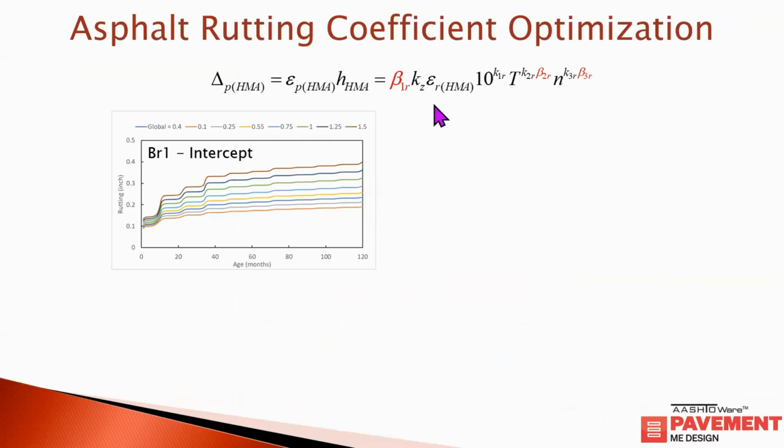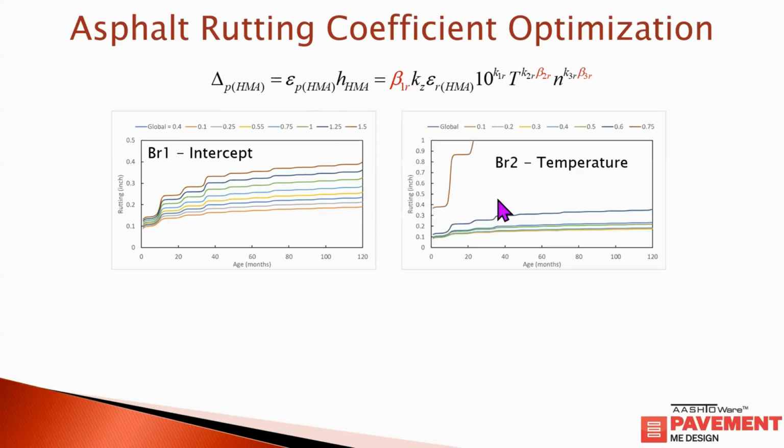So as an example, the case of the beta R1 coefficient, beta R2, beta R3. So beta R1, which is the intercept coefficient, you can see how increasing the coefficient increases the rutting prediction, which makes sense if you look at where it's at within the equation. So increasing this number is obviously going to increase the cumulative rutting that occurs. And this gives you an idea of what's happening.